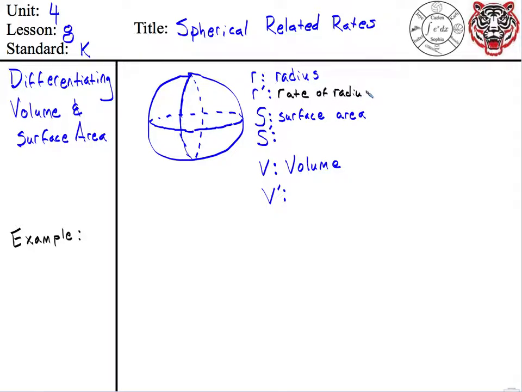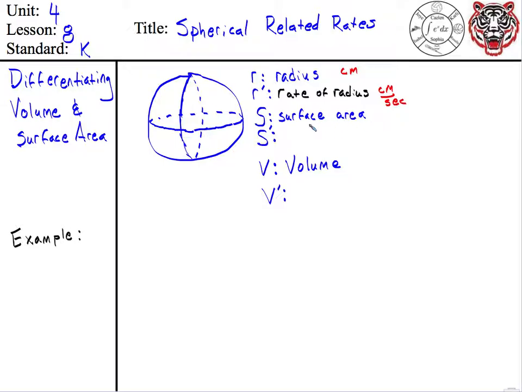So if my units for radius were in, what's a common unit? Centimeters. I like it, the metric. If my unit is centimeters, then the rate of the radius, r prime, is going to be what? Centimeters per second. Centimeters per time, yeah, centimeters per second. We'll assume all of these are per second.